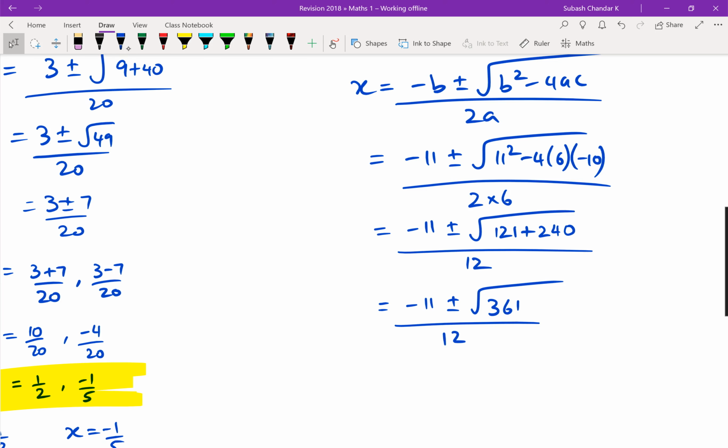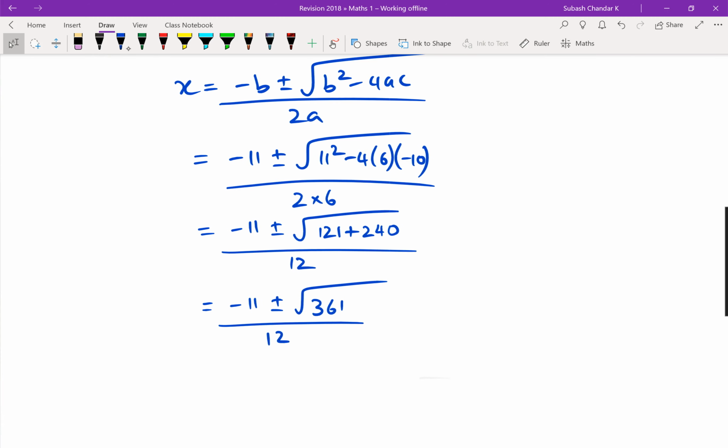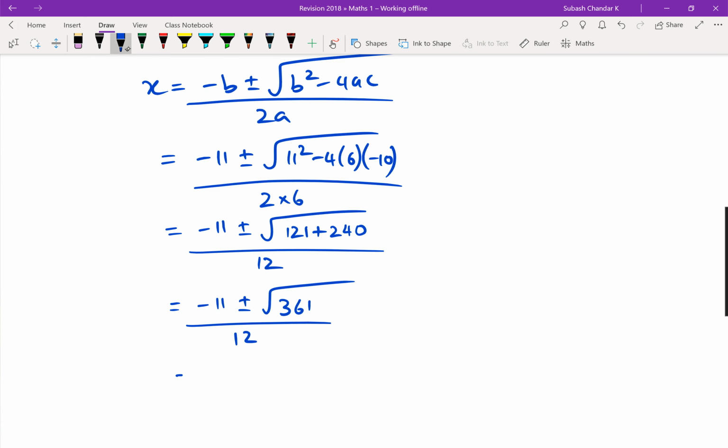Over 12. Now remember, guys, did I talk to you guys about the square numbers yesterday? The numbers that end with 1, the root is either 3 or 7? Okay, I will talk to you guys about it very shortly, but in this case, it's going to be 17? Wait, I'll be back.